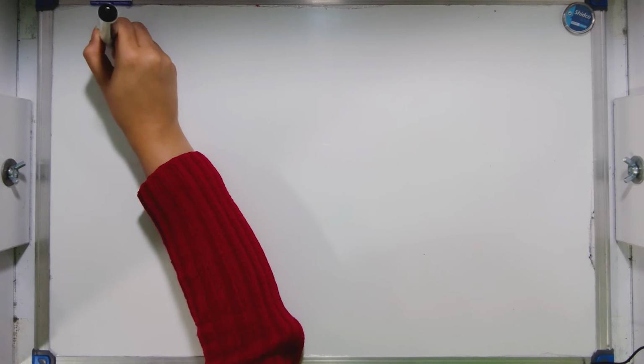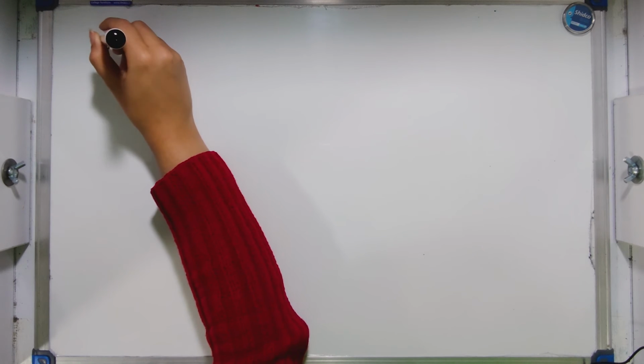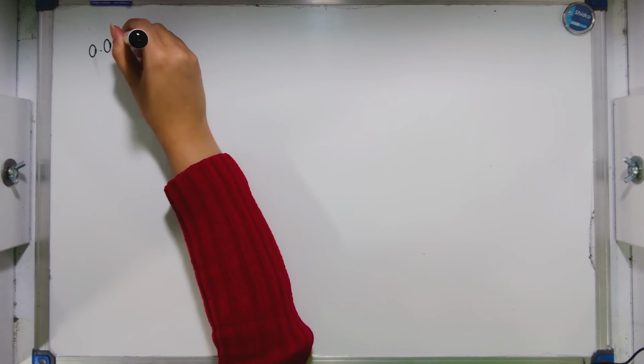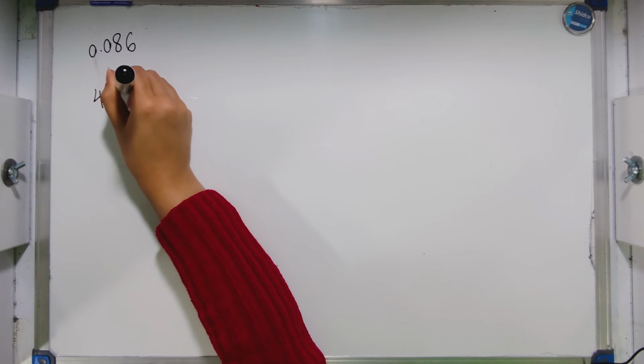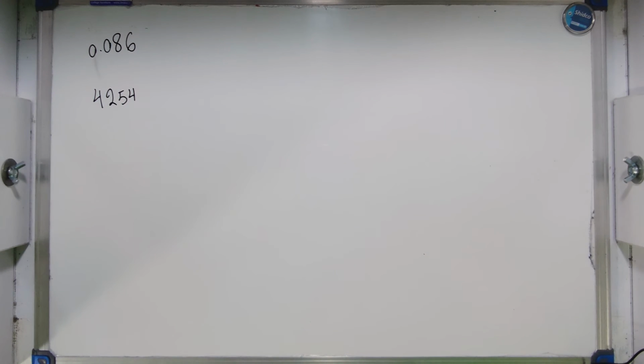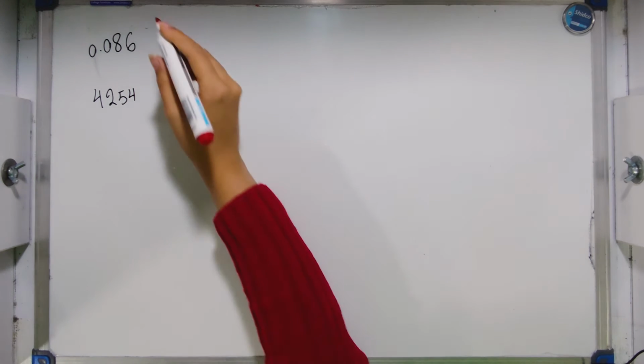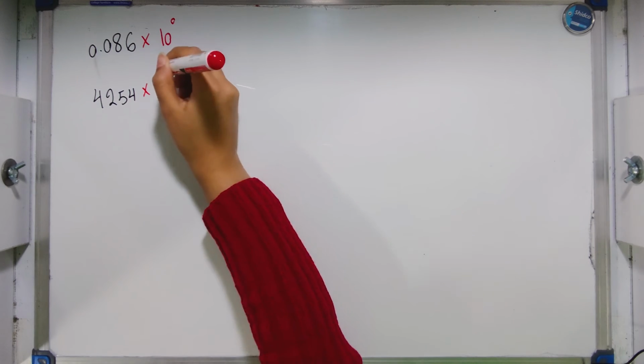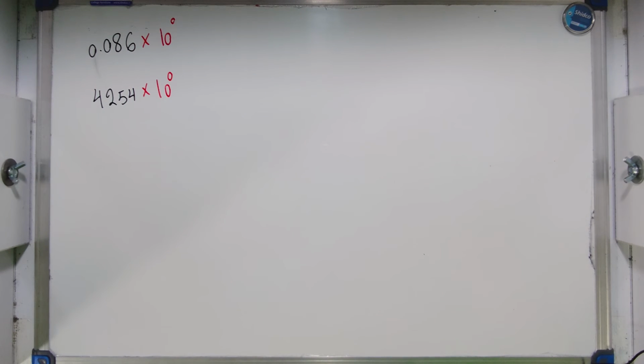So let's talk about something that is very important in scientific notation. Let me highlight this important point by giving an example. Right now, both numbers are multiplied by 10 to the power 0. Actually, 10 to the 0 is 1. So anything raised to the 0 power is 1, as you know.